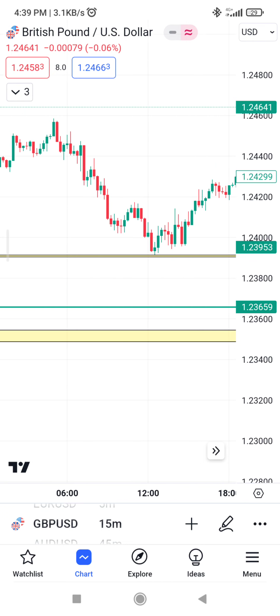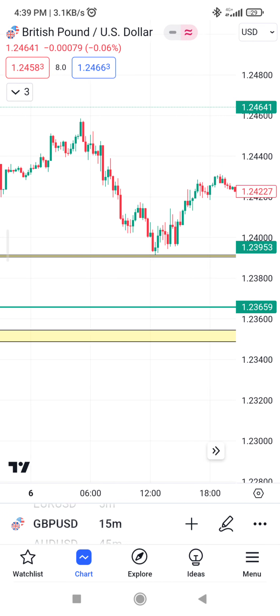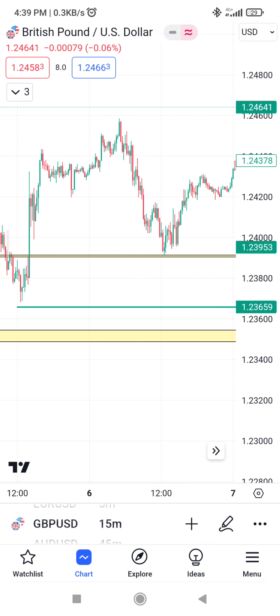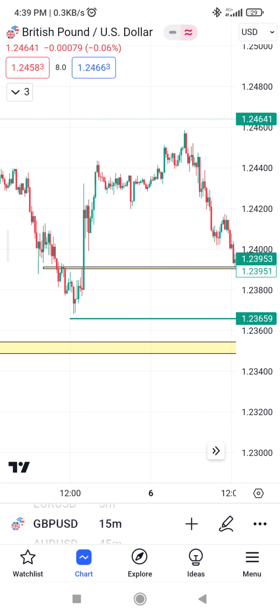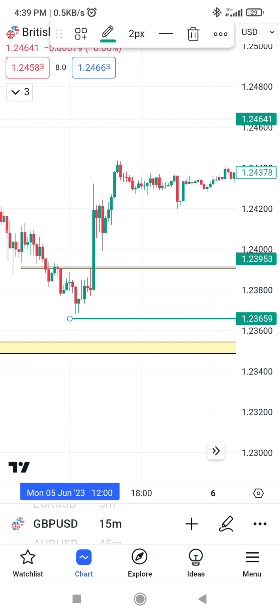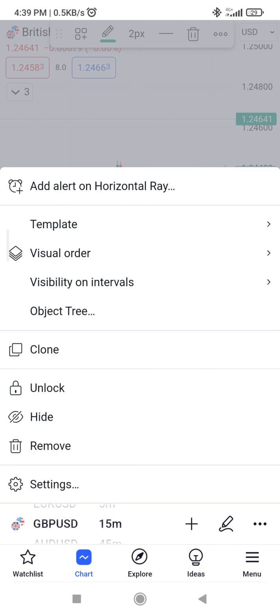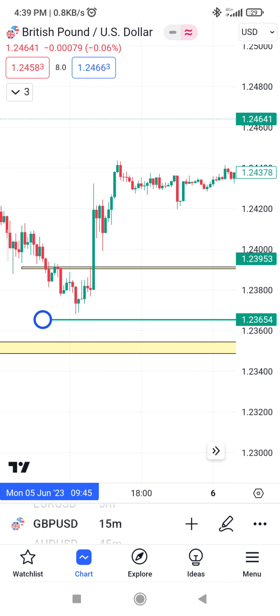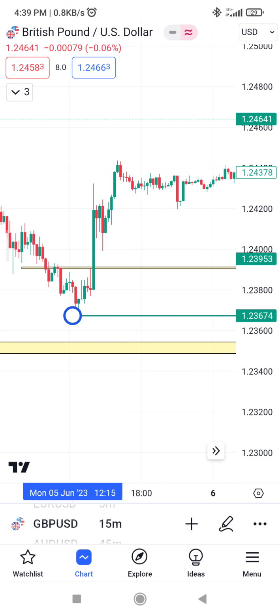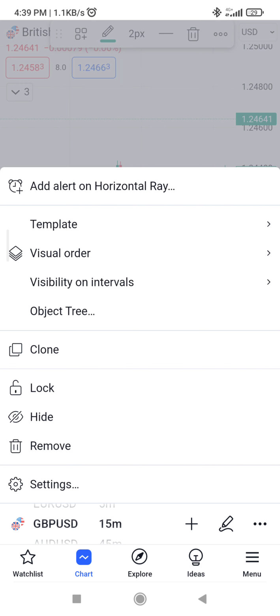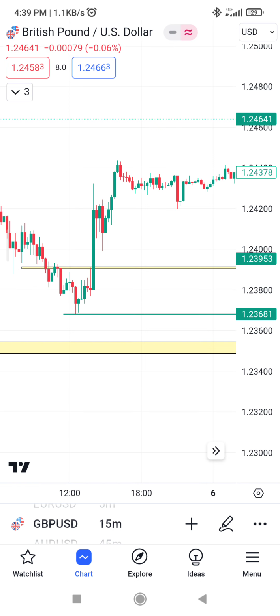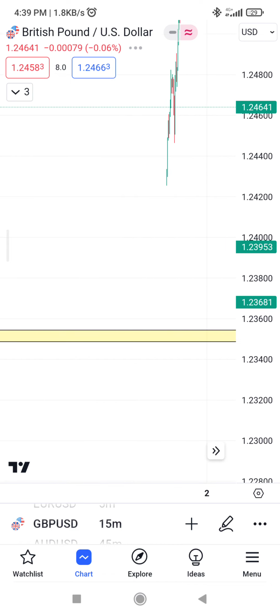You can see price has already filled this, but in case you want to use it, you can still use it because we don't have any other fair value gap, right? If you reduce the time frame, you will see that it must be to the tip. So always take note, you can go to the lower time frame to help you make sure that you marked it properly.